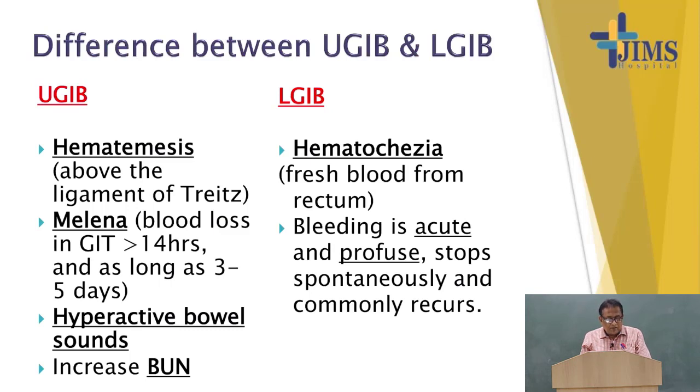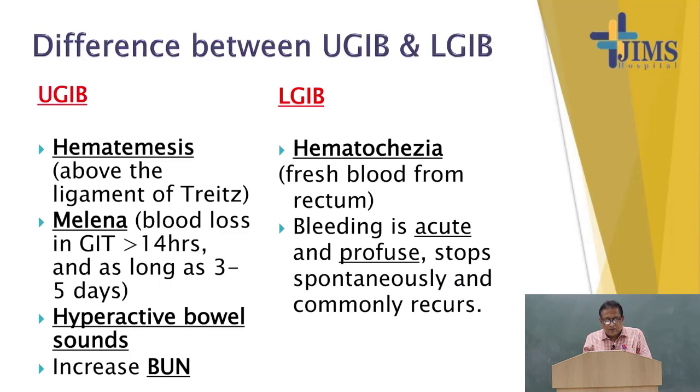So the most important thing is the diagnosis, the initial assessment of upper GI bleeding. You have to take the history, and in the history you have to take the drug history, whether the patient has received NSAID or aspirin. Then you have to examine the circulatory status, very important.